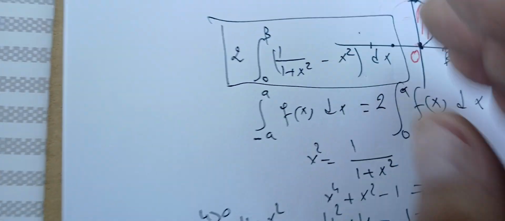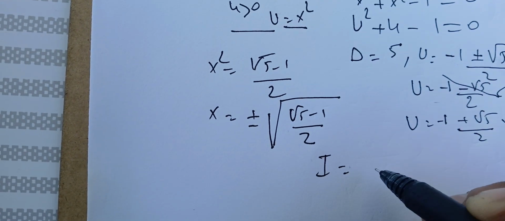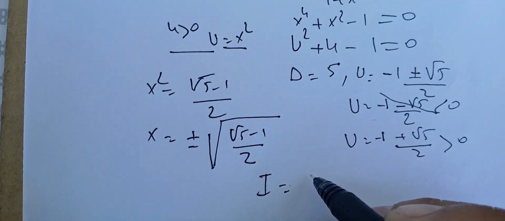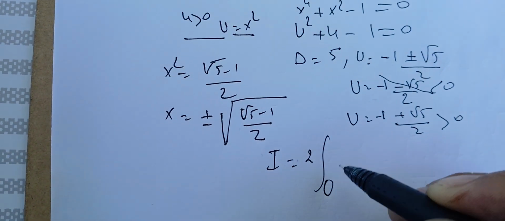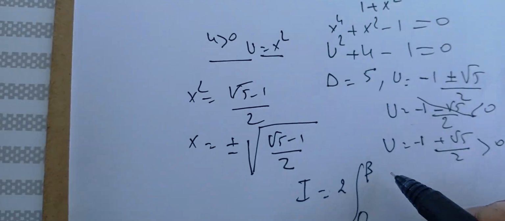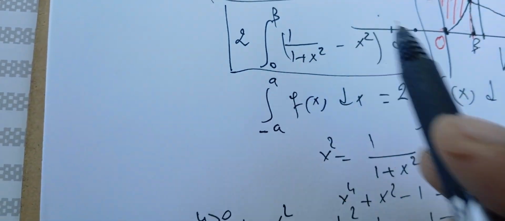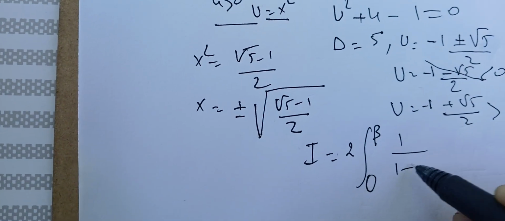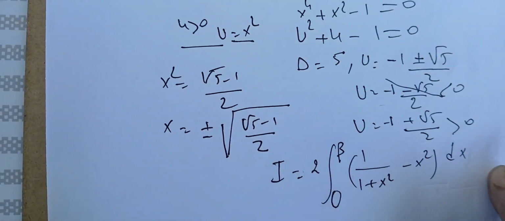Mathematically speaking, the area between the two curves is going to be 2 times the integral from 0 to beta, where beta is this value, of the function on top, 1 over 1 plus x squared, minus x squared dx. So this is the setup.